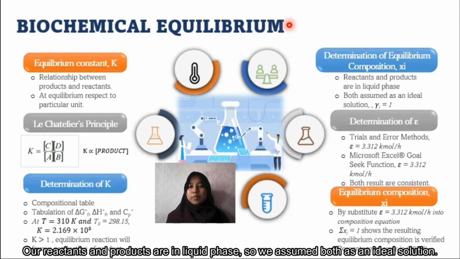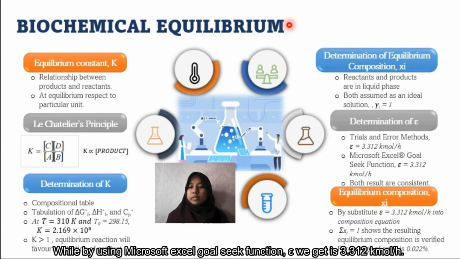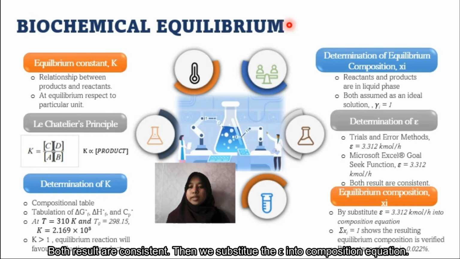Our reactant and product are in liquid phase, so we assume both as an ideal solution. By trial and error method, we get epsilon is 3.312 kmol per hour, while by using the Microsoft Excel Goal Seek function, the epsilon we get is 3.312 kmol per hour. Both results are consistent. Then we substitute the epsilon into the composition equation.